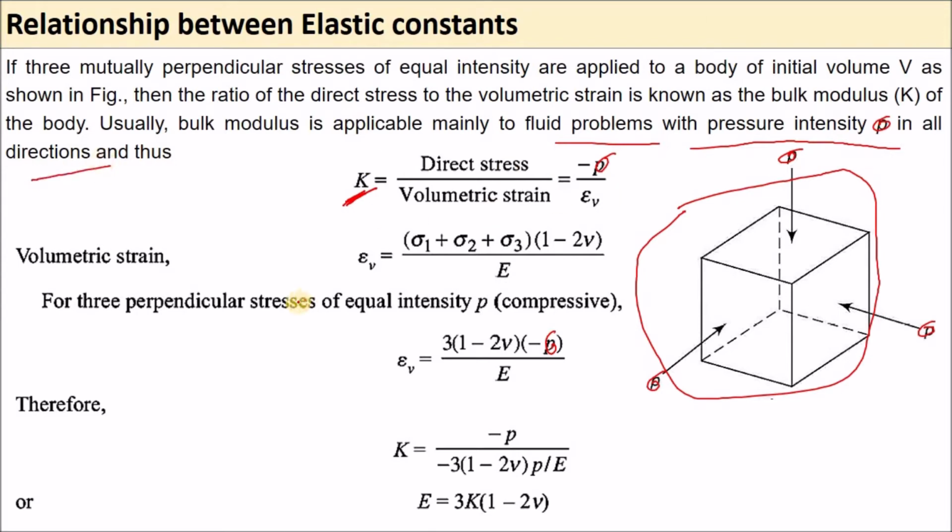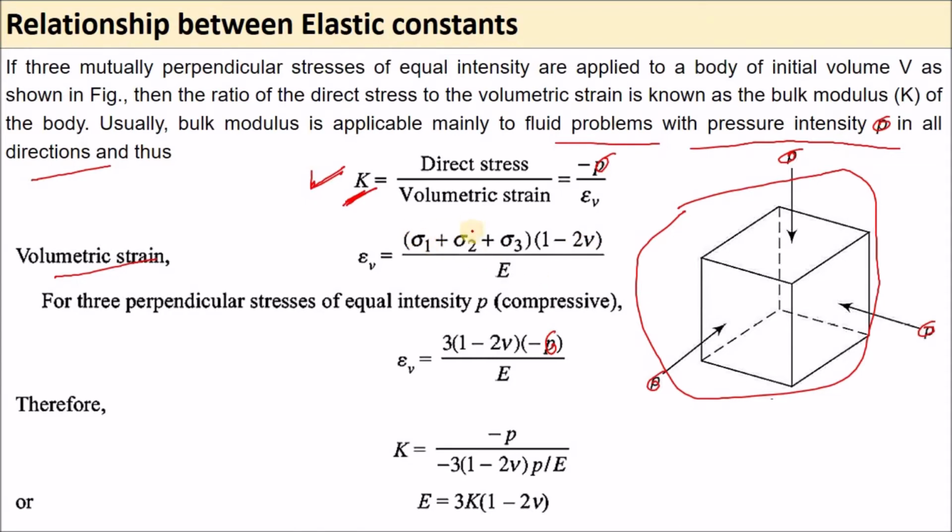So here you got the bulk modulus formula, and we know that volumetric strain EV equals sigma 1 plus sigma 2 plus sigma 3, in bracket 1 minus 2 mu divided by E. We have already discussed this in lecture number 2.